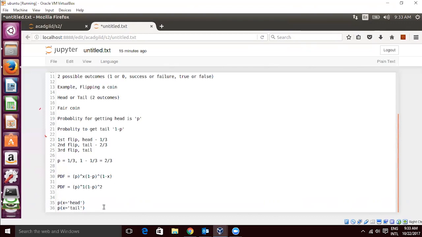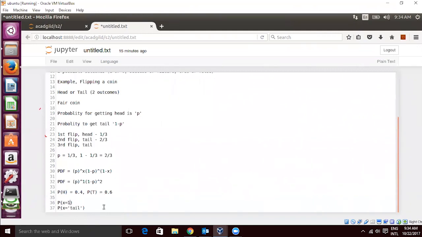Then when someone asks the question, we can come up with the answer. For example, in a coin, the probability of getting head is 0.4, that is 40%, and then the probability of tail is 0.6. We know that.